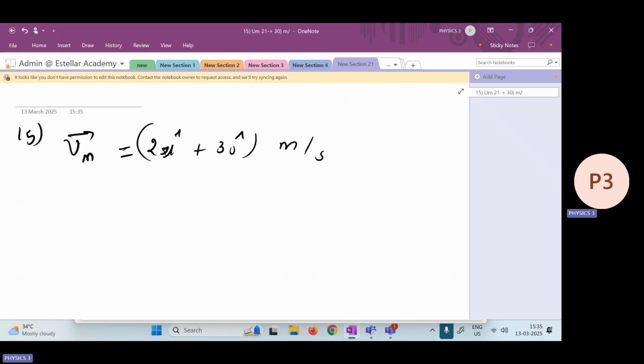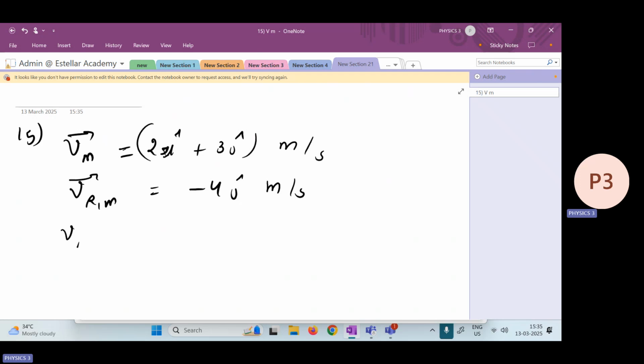He feels that the raindrops are falling vertically with velocity 4 meter per second. So the velocity of rain with respect to man will be minus 4 j cap meter per second, because it is falling vertically downwards.